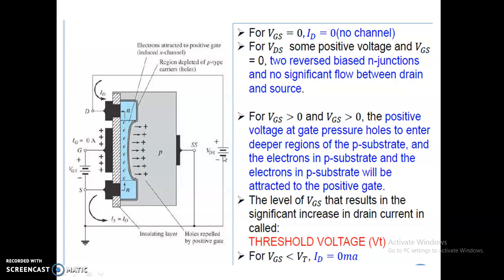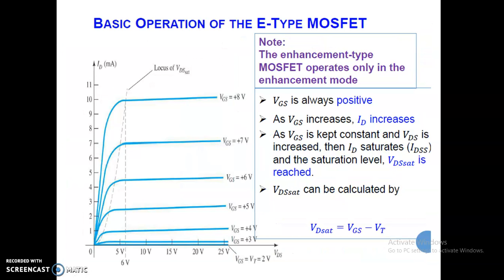ID remains constant and the saturation region results, which is the same as in JFET or depletion MOSFET. That means further increasing VDS at a fixed value of VGS does not affect the value of ID unless breakdown takes place.